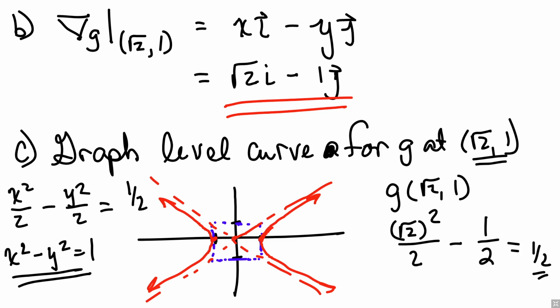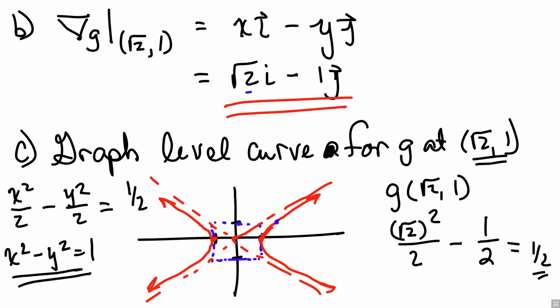So what that tells us is that we're going to be on the curve, at square root of 2, a little bit past 1, and then we're going to go down 1 on y.